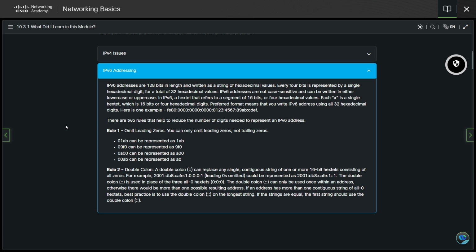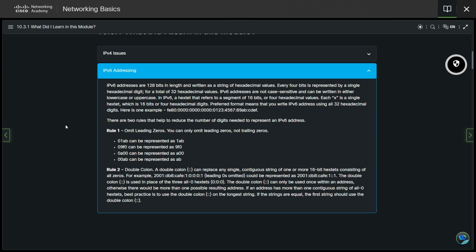And the other topic is IPv6 addressing. IPv6 addresses are 128 bits in length and written as a string of hexadecimal values. Every 4 bits is represented by a single hexadecimal digit, for a total of 32 hexadecimal values.